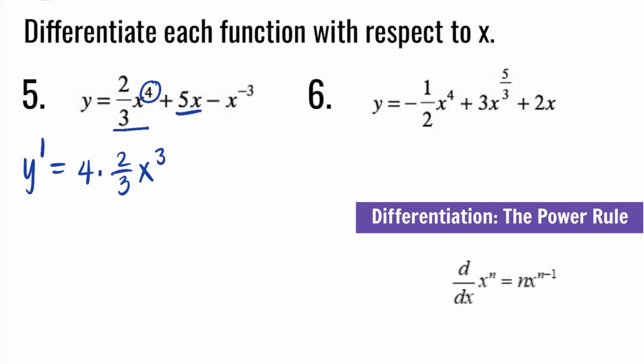For the second term, 5x, the derivative of 5x is simply 5. For the third term, our exponent is negative 3, so we will have minus negative 3 times x to the power of negative 3 minus 1, and that's negative 4.